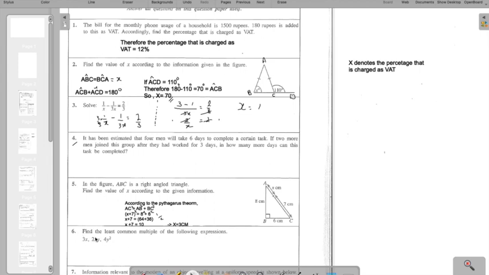So question number 6, find the least common multiple of the following expressions: 3x, 2xy and 4y squared, right?